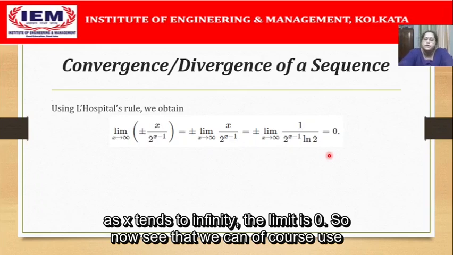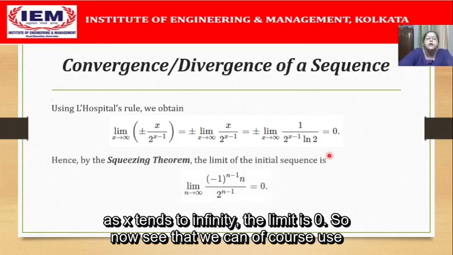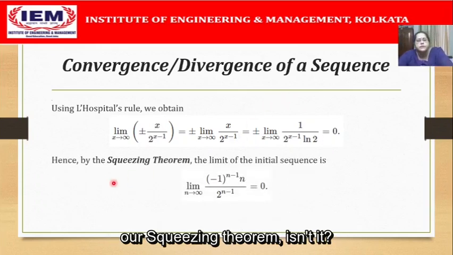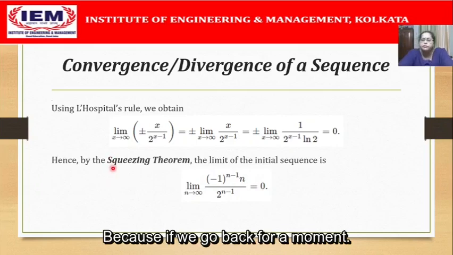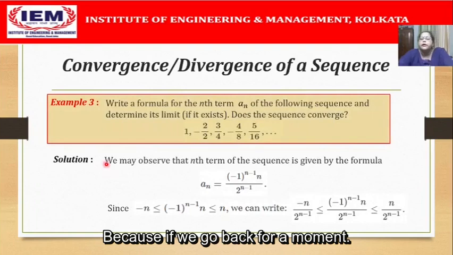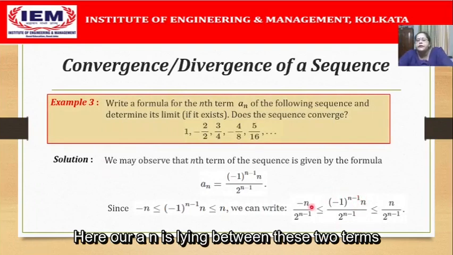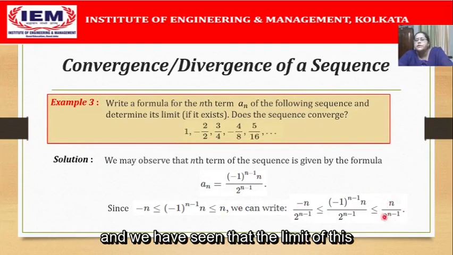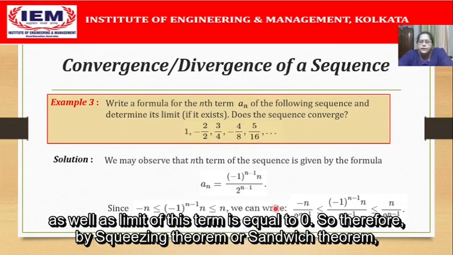Now see that we can of course use our squeezing theorem, isn't it? Because if we go back for a moment, here our a_n is lying between these two terms, and we have seen that the limit of this as well as the limit of this term is equal to 0.